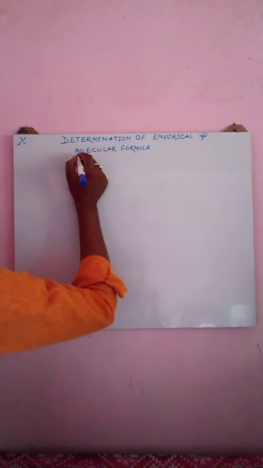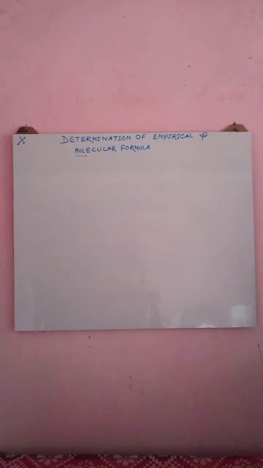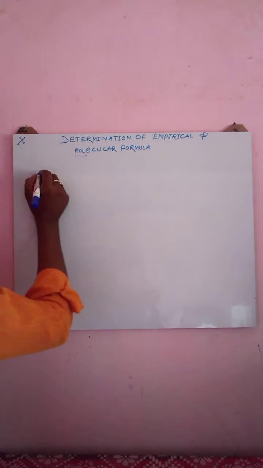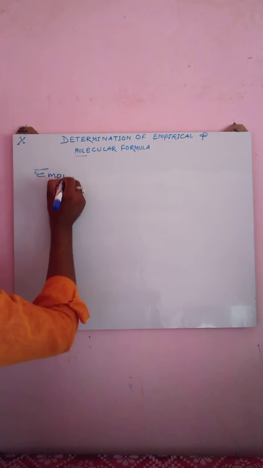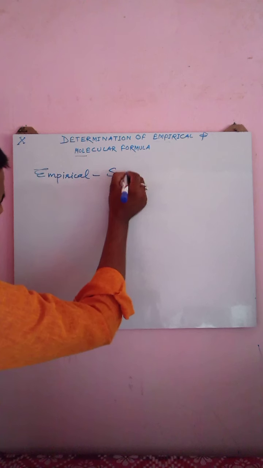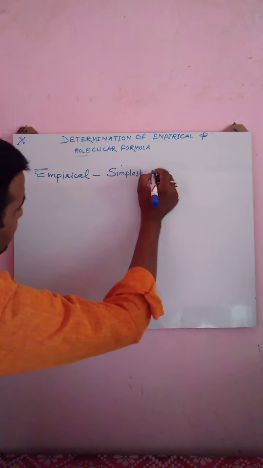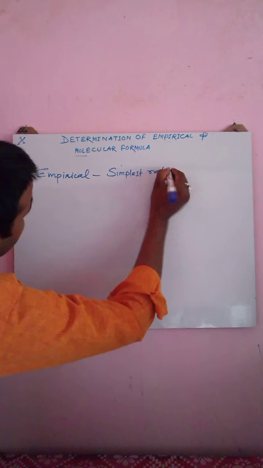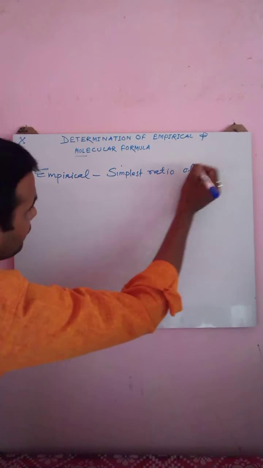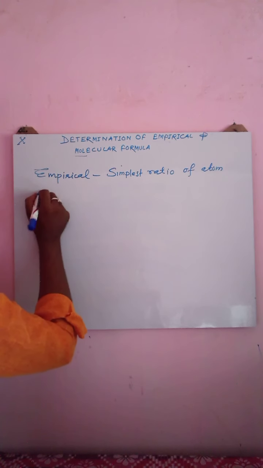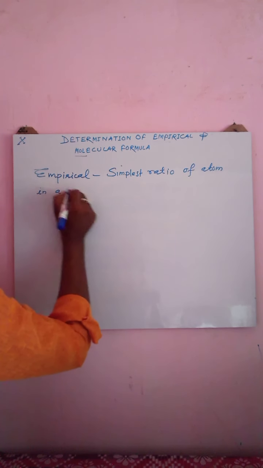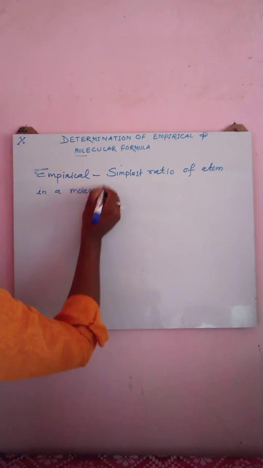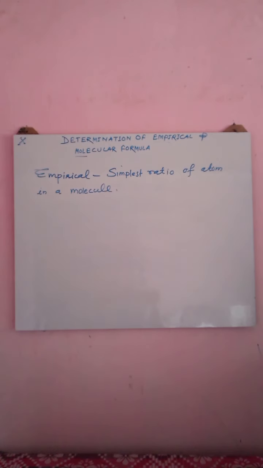First of all, we will try to understand what is empirical formula and what is molecular formula, right? Empirical formula can be defined as the simplest ratio of atoms in a molecule.